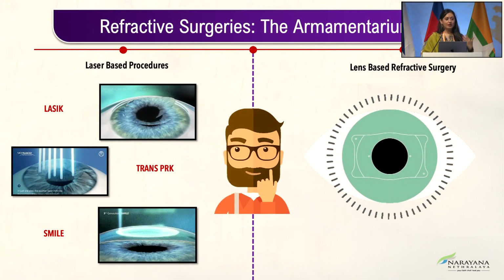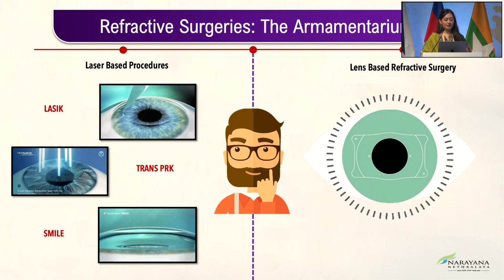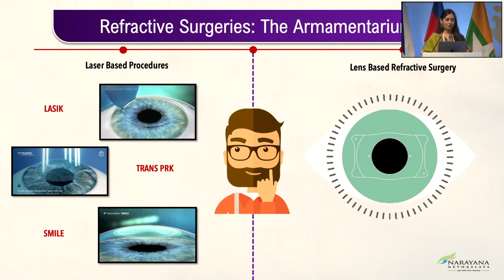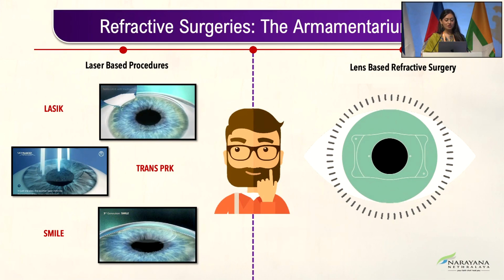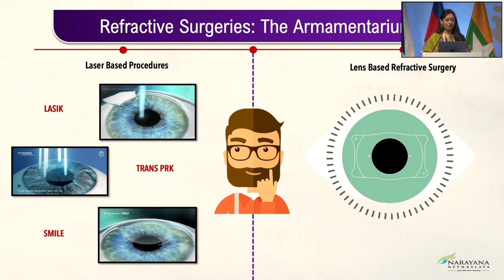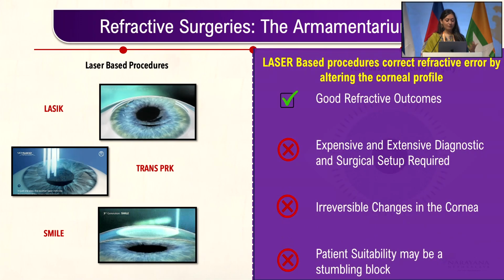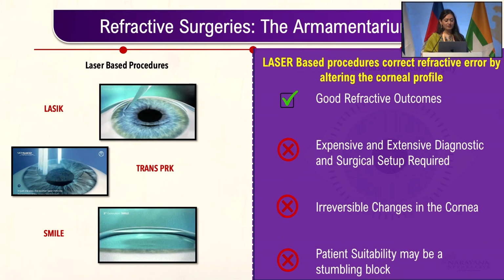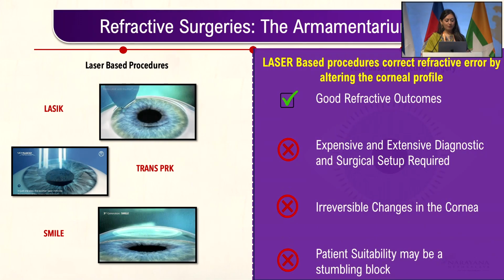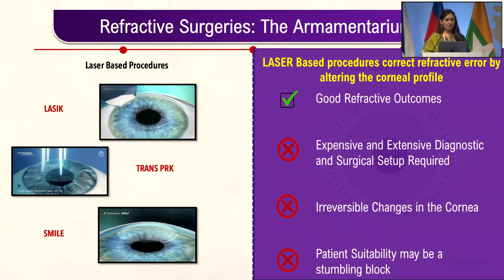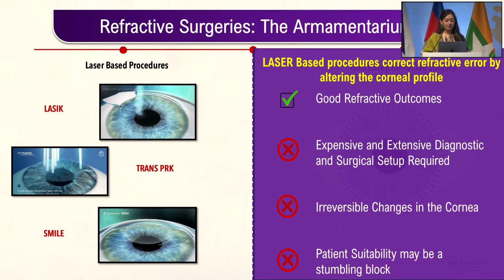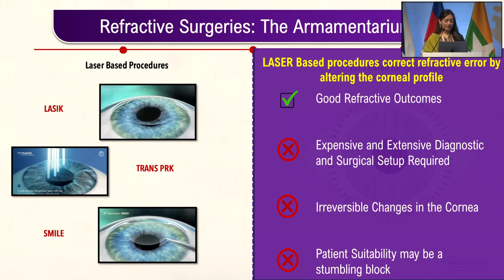Now, whenever it comes to refractive surgery, especially low myopia, you always have two options. You have laser-based procedures like LASIK, trans-PRK, SMILE, or you have lens-based surgery to correct the refractive error. Now, for low refractive errors, whenever a patient has a healthy topography, laser-based procedure is the choice of procedure. However, and it does give us refractive outcomes.